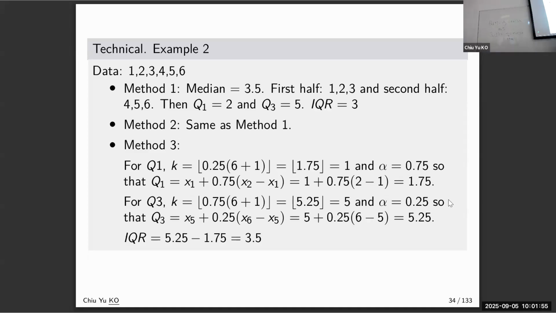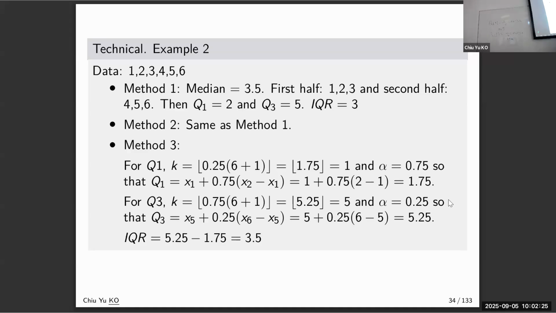Now n is 6. So n plus 1 is 7, and Q1 will be 7 over 4, which is 1.75. That means you take x1, the first guy, and with 1.75 you take the decimal part, 0.75.